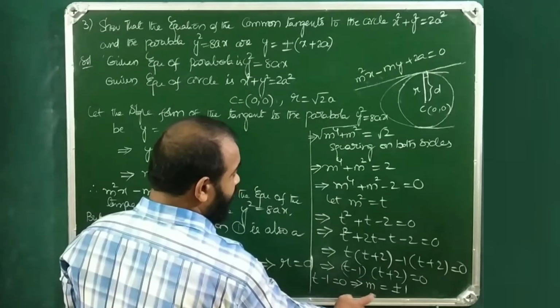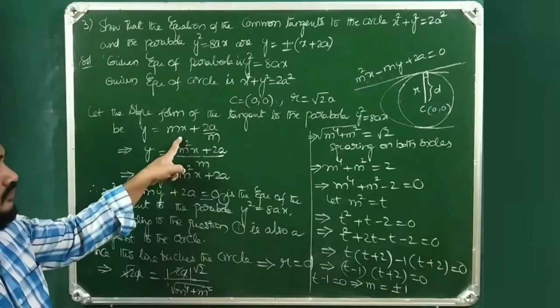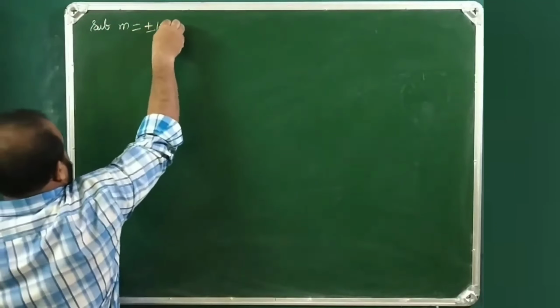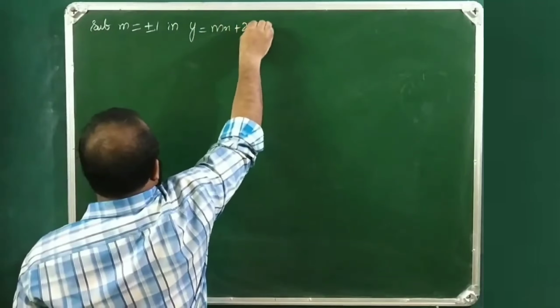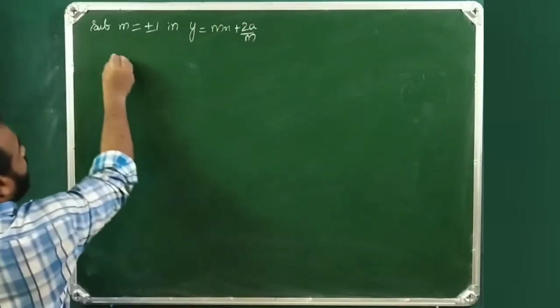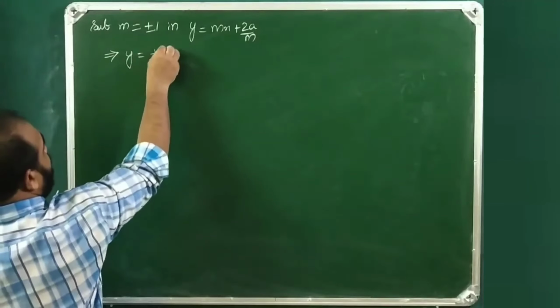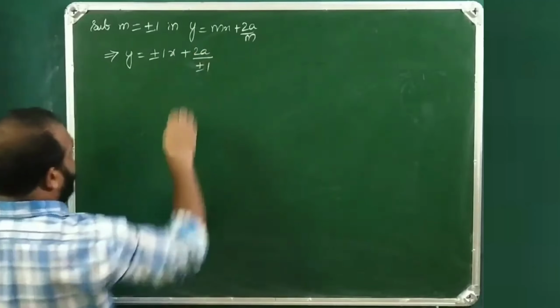Substituting m equals plus or minus 1 in y equals mx plus 2a by m, we get y equals plus or minus 1 x plus 2a by plus or minus 1.